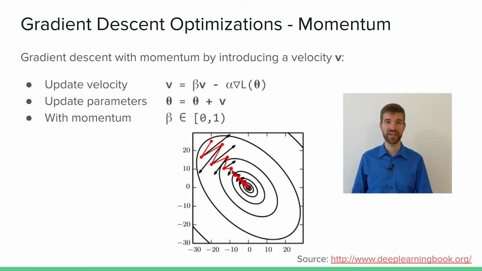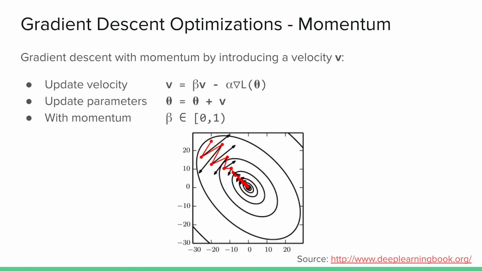If we realize that the first step goes in one direction and the next step goes in exactly the opposite direction, we should probably slow down and make smaller steps to figure out what's going on here and not jump from one part of the canyon to the other one. So what we compute here is a certain velocity, and we add that velocity to our update operation. And that can help us to solve this issue when we are talking about these canyon-like loss functions.